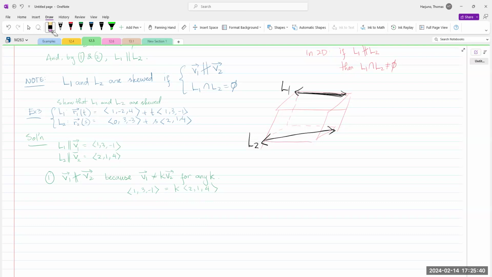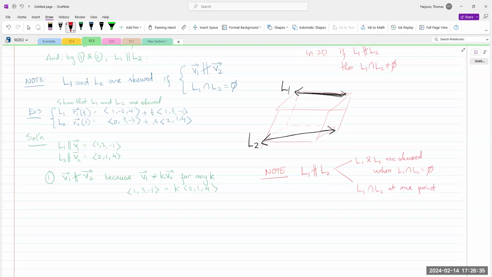Okay, but if 2 lines are not parallel, it is possible they intersect. So that's actually a note to say. Note, when line 1 and line 2 are not parallel, there are 2 possibilities. Line 1 and line 2 are skewed. That is when they don't have a common point. The intersection is the empty set. Or line 1 intersects line 2 at one point. In fact, you can try in 3-dimensional space.